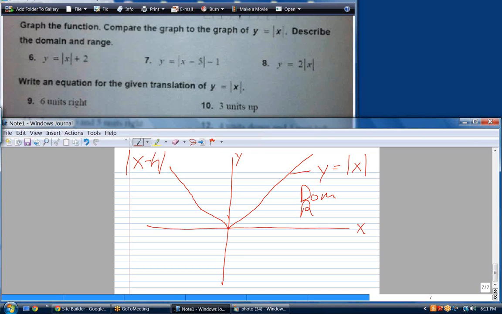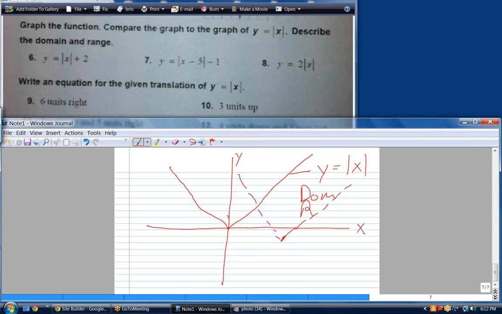No. If x minus h is the standard, h has to be a +5. +5 means we move to the right 5 units. So to graph this translation, I'm going to go down 1 and right 5. So there's my new vertex right there. So this thing graphs now like this.